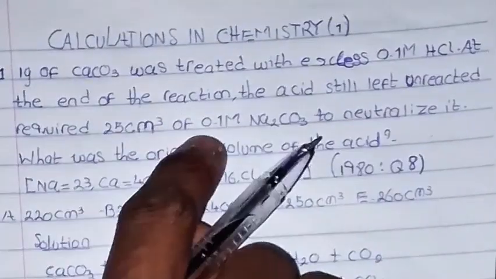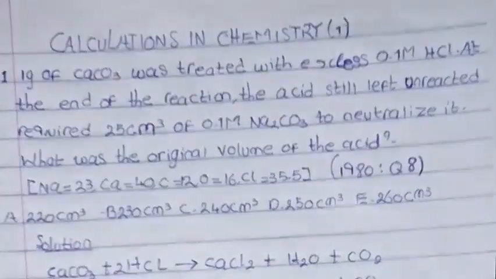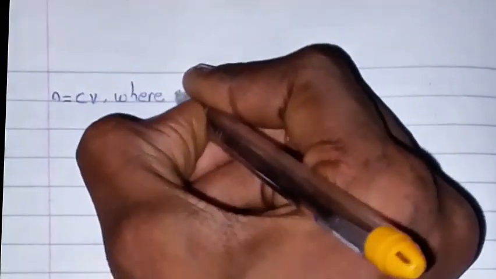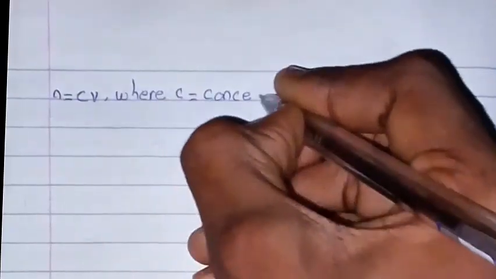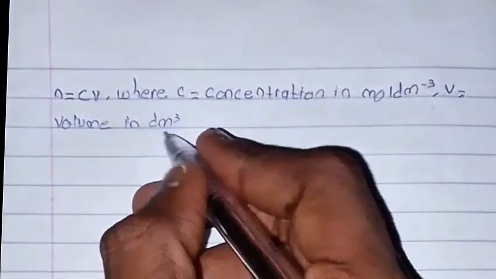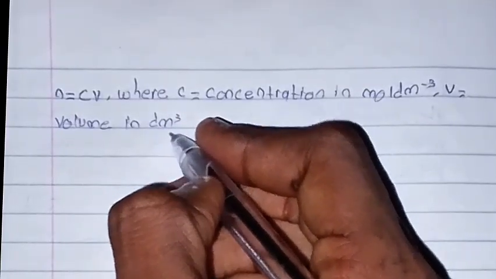To get the number of moles from concentration, 0.1 molar, and volume, 25 cm³, we use the formula N equals CV, where C is concentration in mole per dm³ and V is volume in dm³. Multiplying them gives the number of moles.